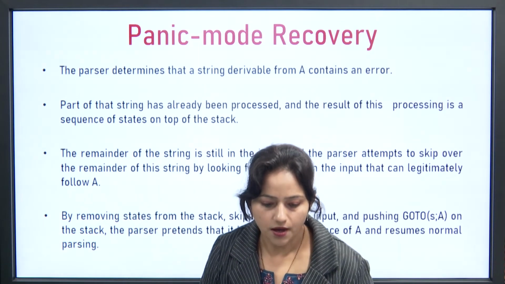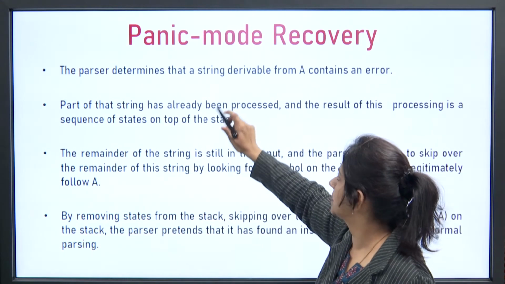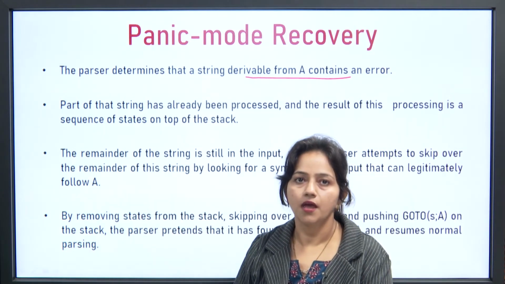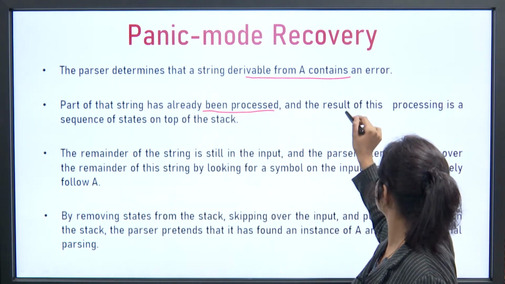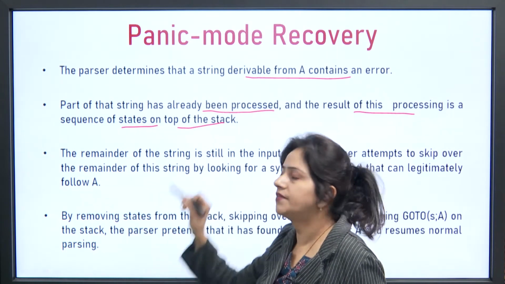So, continuing with this, the parser determines that the string derivable from A contains the error. Part of that string has already been processed, and the result of the processing is the sequence of states on the top of the stack.